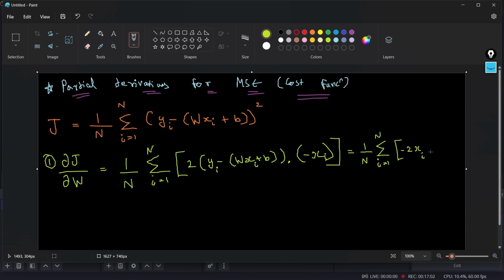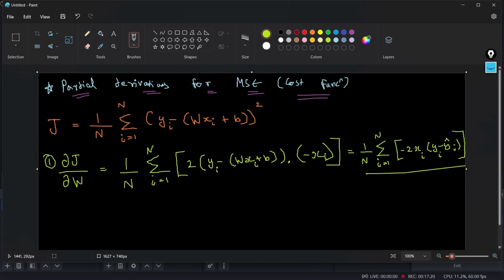So minus 2 times x_i times y minus y prediction, and again add i over here. Just because I'm running out of space, I am just saying that this wx plus b is actually my y prediction.